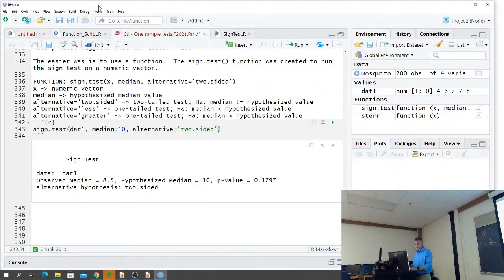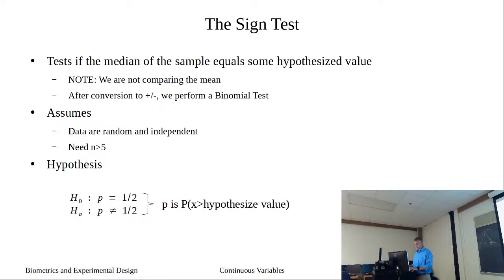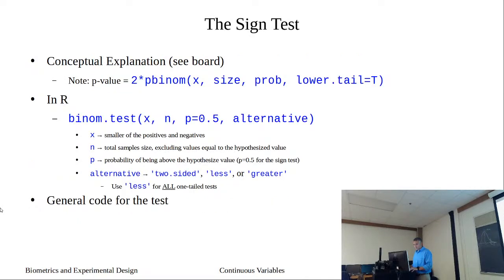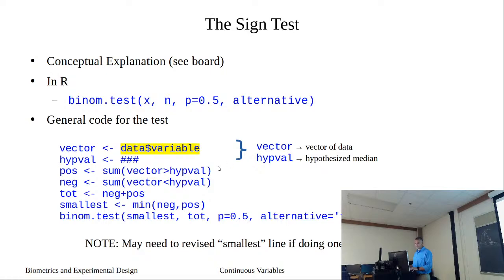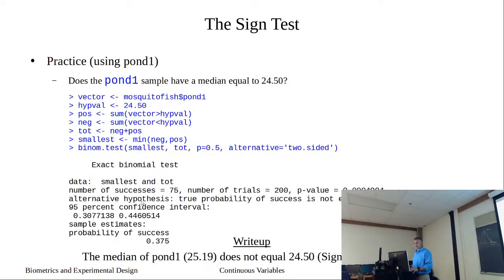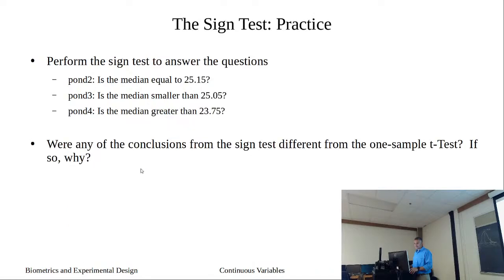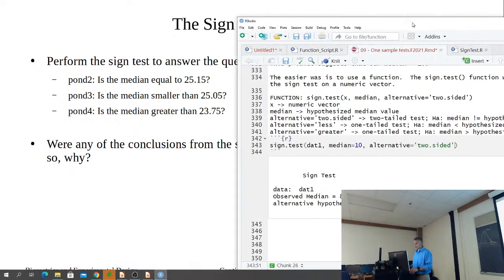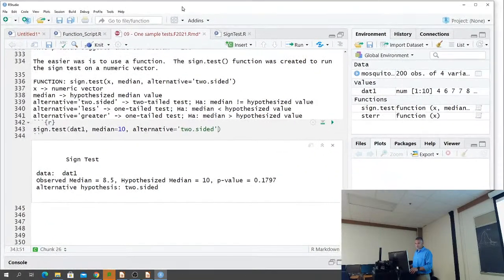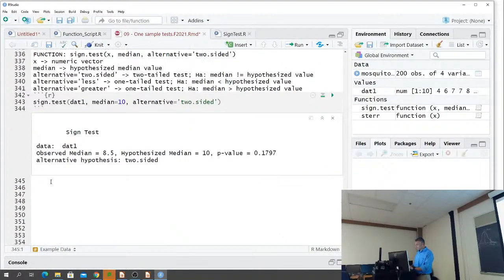All right. So this is everything that I have here that's in that script. This is if we were doing it long way. We have the sign.test. So that is what we're going to use. So we've got our pond 1.